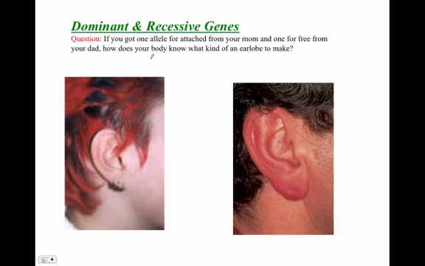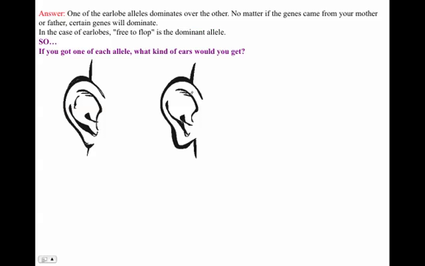However, maybe you don't get both alleles the same. If you get one allele for attached from your mom and one for unattached from your dad, so this is your mom, her ear is attached, and this is your dad, his is unattached, what kind of earlobe would you end up with?